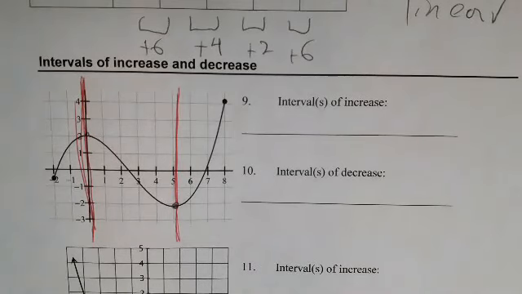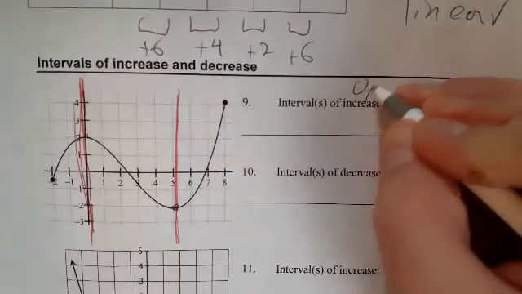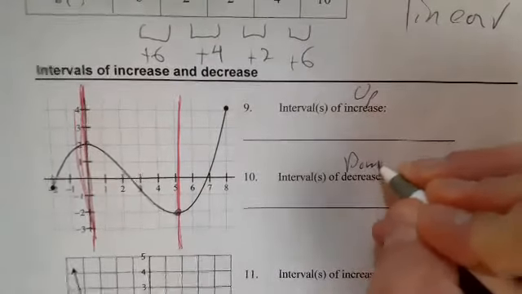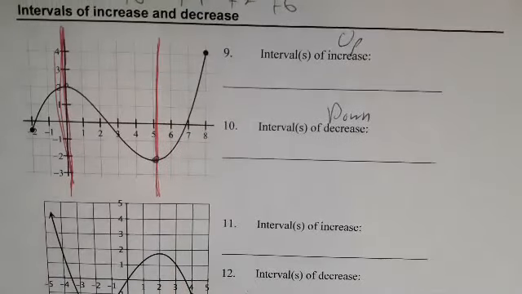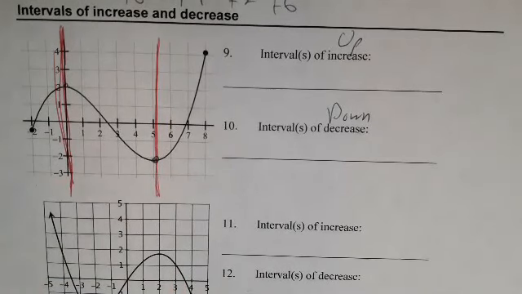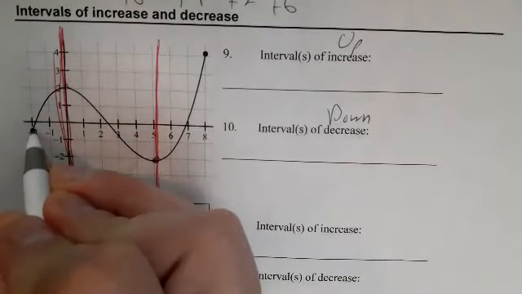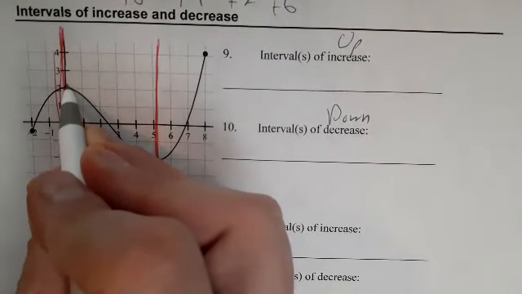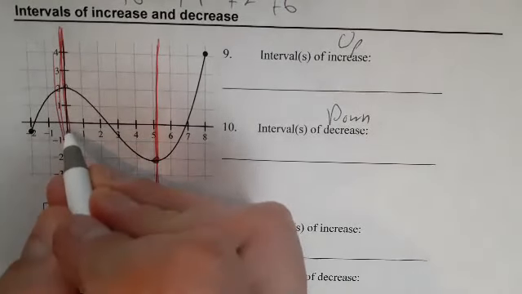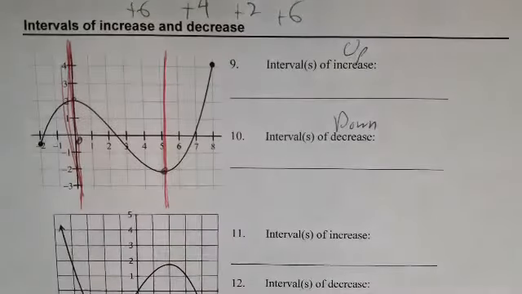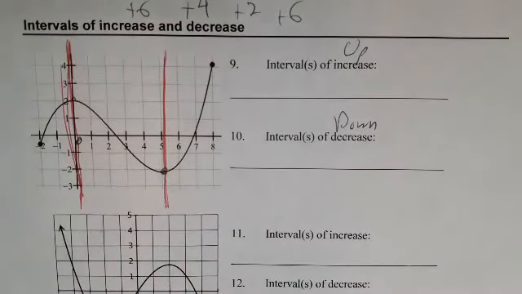Now we want to talk about intervals of increase and intervals of decrease. So first thing is increase. Where does this thing go up? We're starting at -2, and it's going up until here, which is my quantity of 0, my origin.